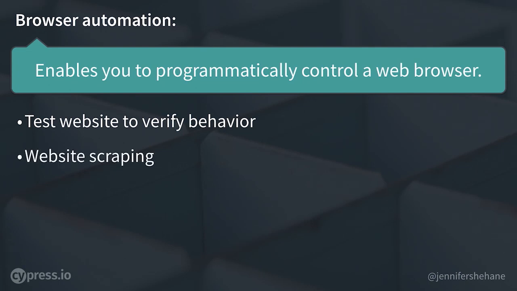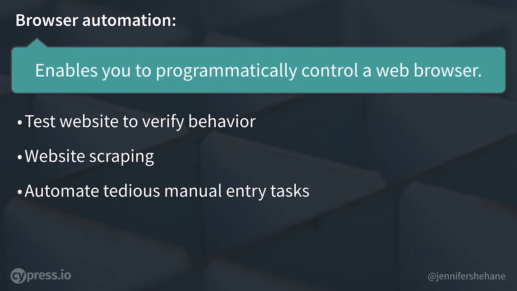You can scrape websites for content. You can automate manual entry tasks. You could do a lot of things. You can automate taking screenshots of your websites. You can verify that all of your links work by crawling, but for the purpose of this presentation, we're mostly talking about behavior testing.